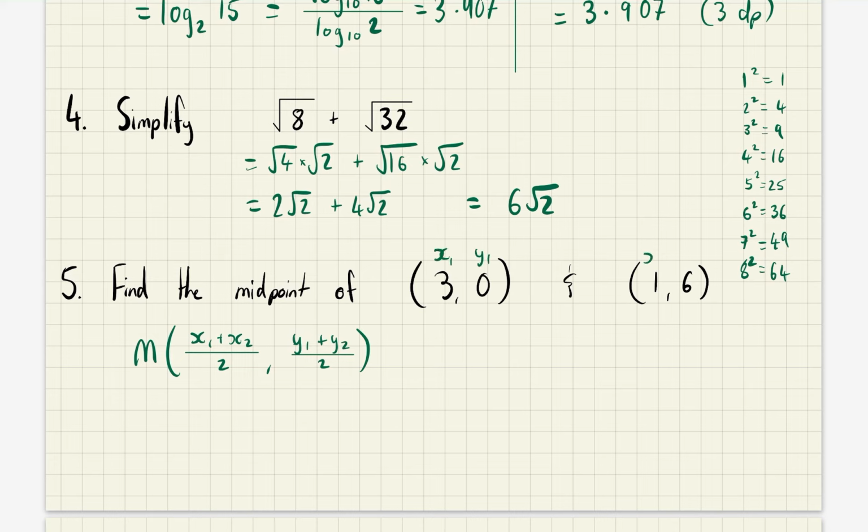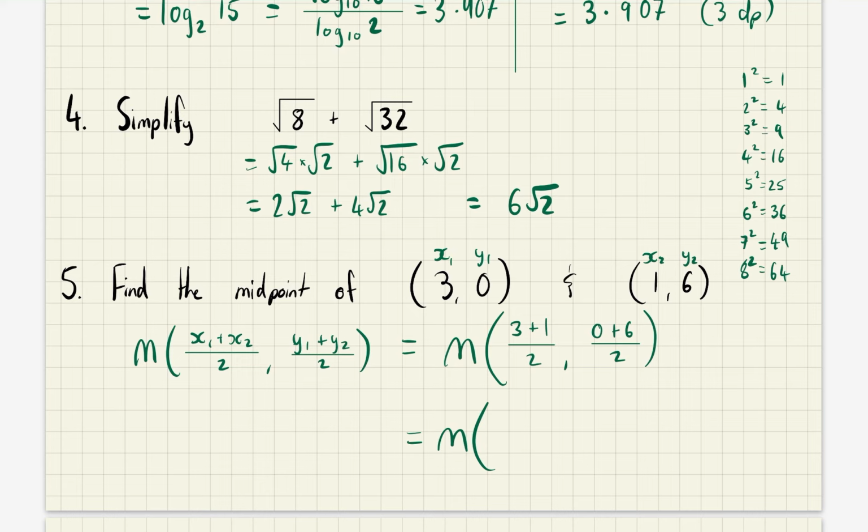There we go. So I'm going to label our points: this is x1, y1, x2, y2, and we'll pop them in. So the midpoint is going to be (3 plus 1) over 2 and (0 plus 6) over 2.